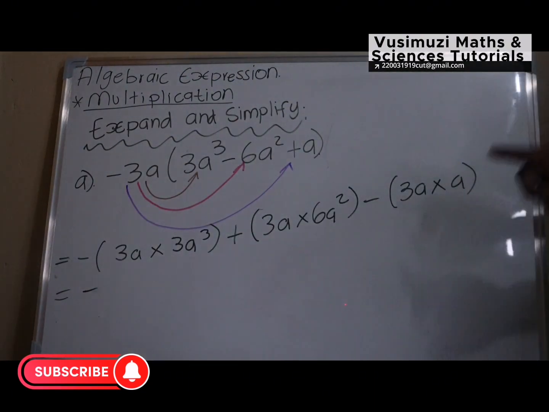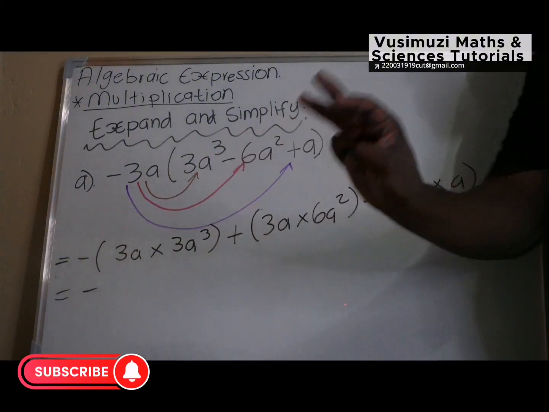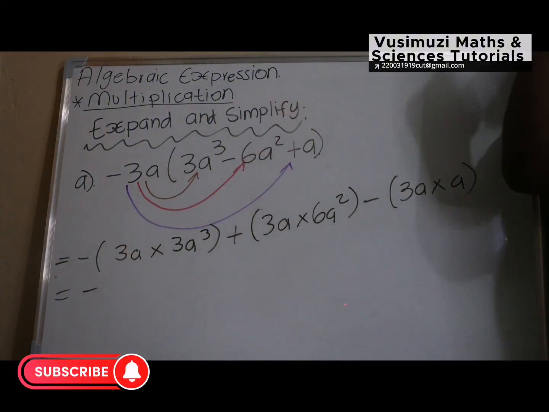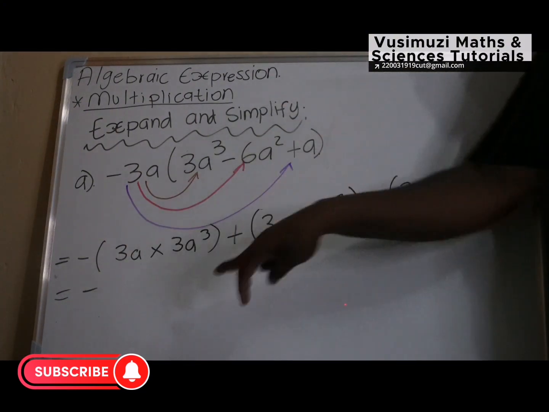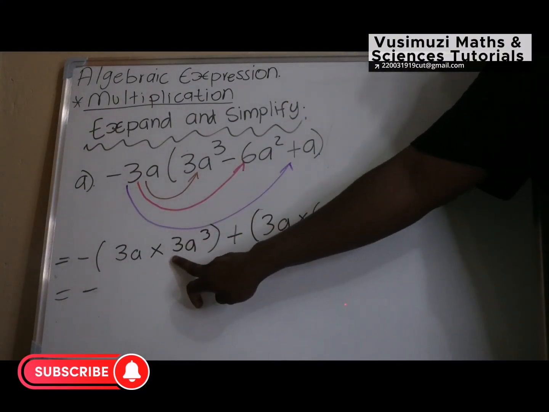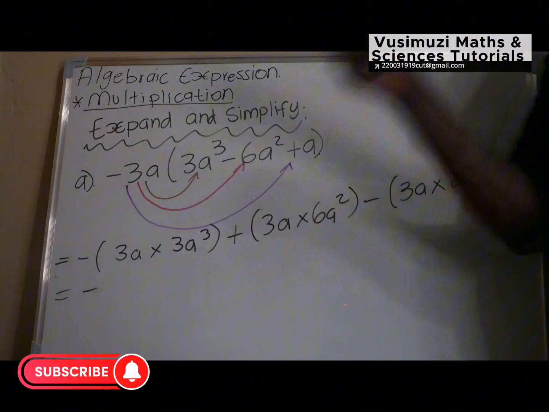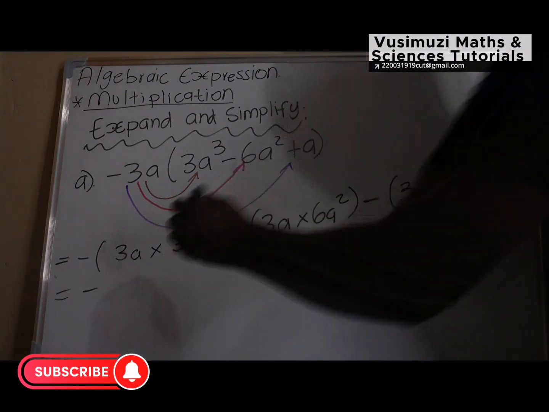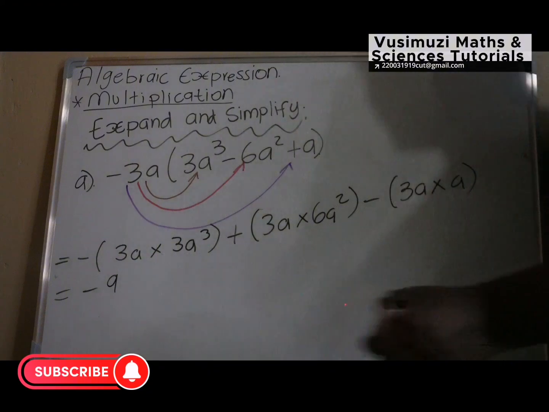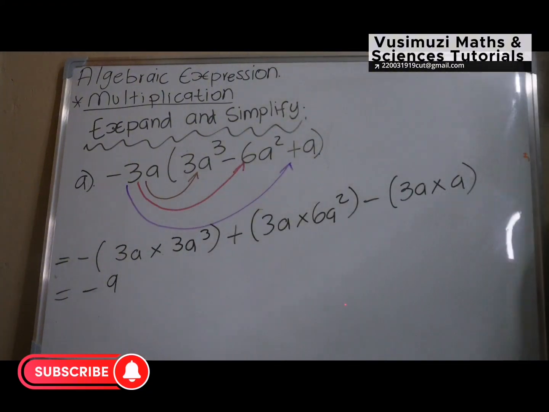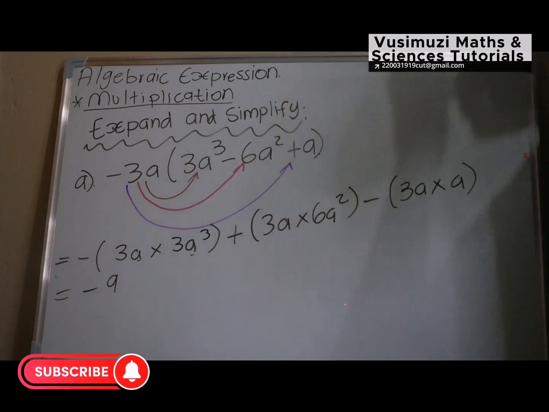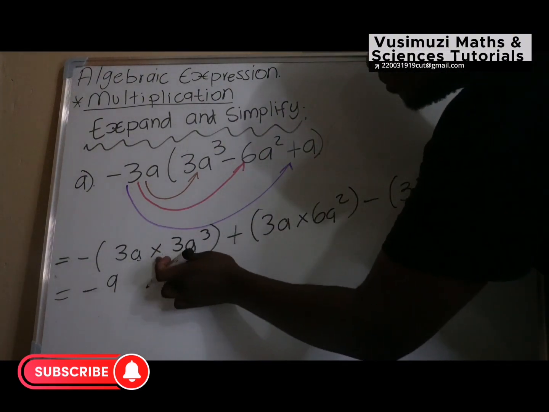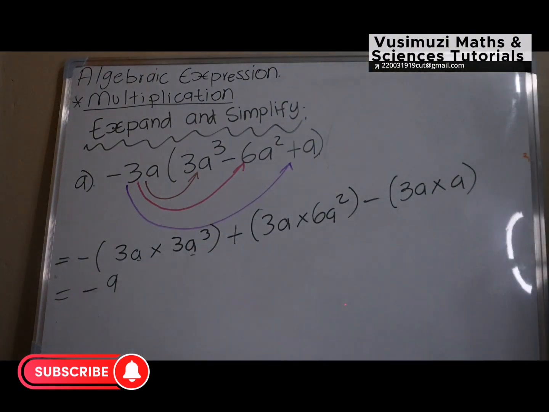Now, first step, you start with your coefficients. The numbers. 3 and 3 in this case. 3 times 3, 9. You put 9 here. Then a and a are same bases. And we are multiplying. When you multiply same bases, you do what? You add exponents.